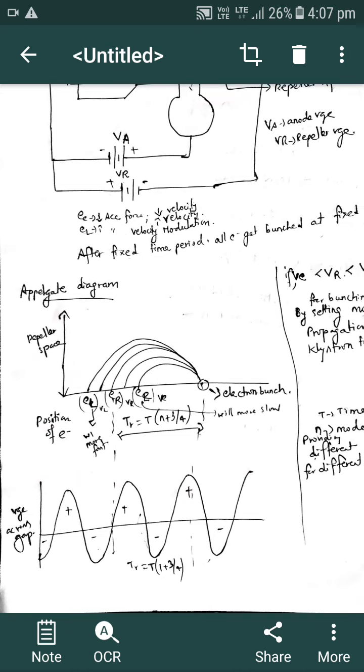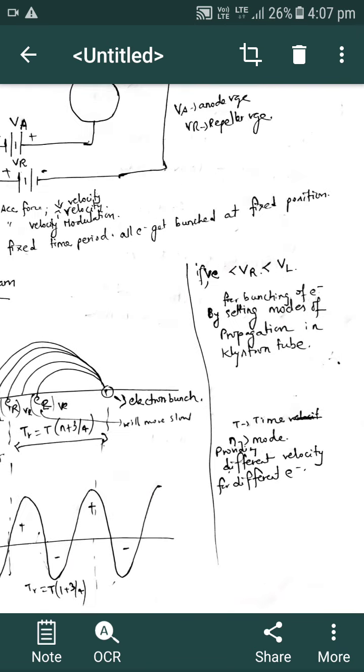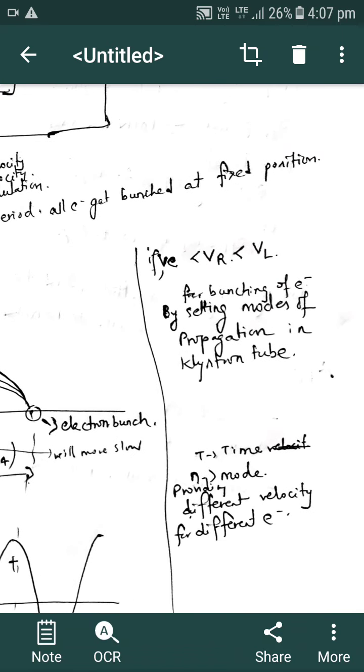The transition time TR is equal to T of 1 plus 3 by 4. The early electron moves very slow when compared to the late electron. The early electron is less than the reference electron, and the reference electron is less than the late electron.